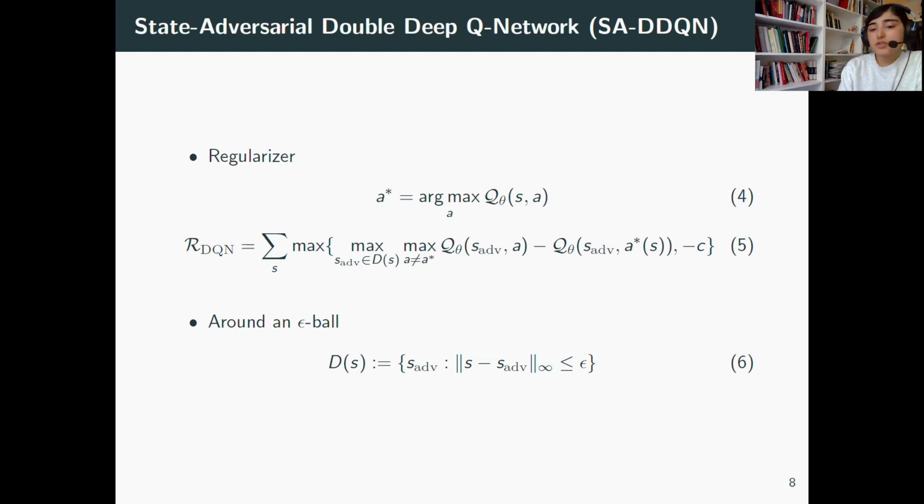As you can see, this regularization term will be negative if the action taken in the unperturbed state and the perturbed state are equal to each other, and it's going to be positive if the agent changes the action taken due to the perturbation compared to the unperturbed state. And you can see here the adversarial state is inside the L infinity norm ball bounded by epsilon.